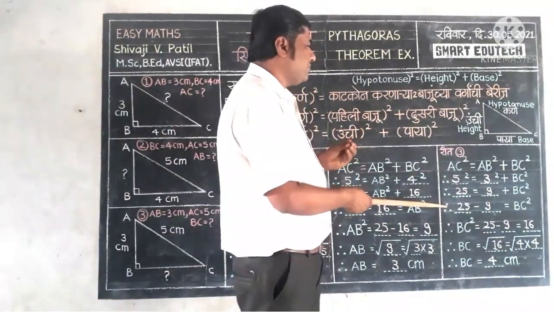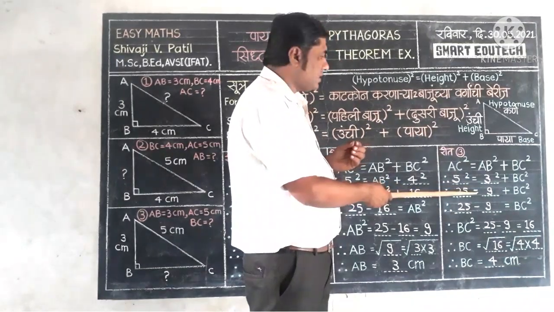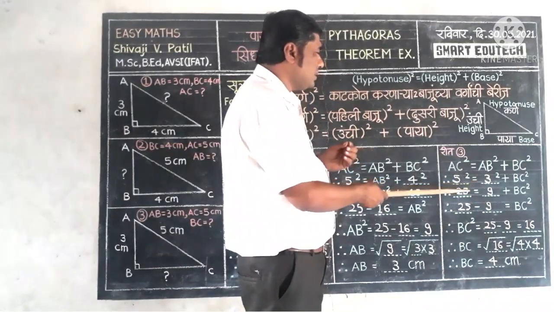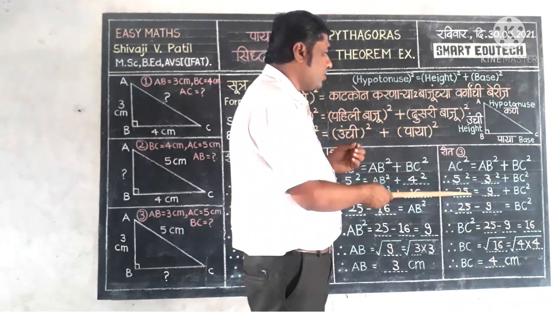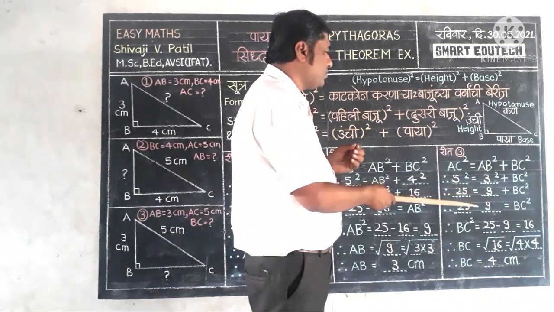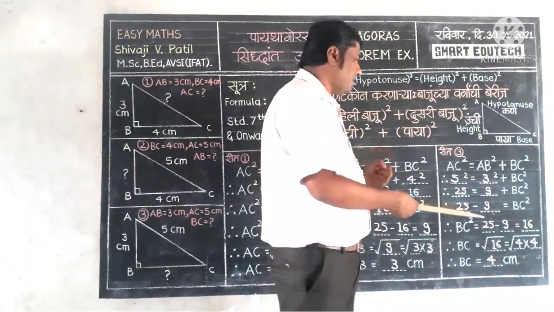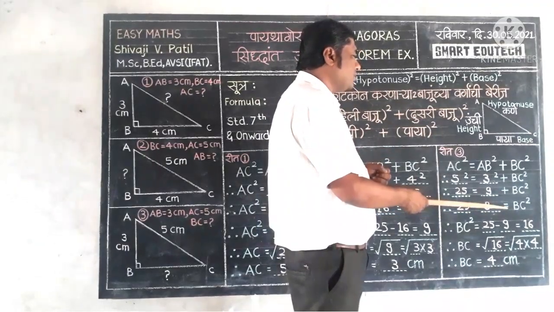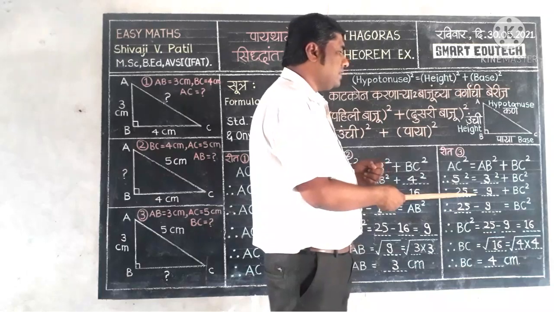Now, again look carefully. This plus 9 which is on the right side of the equal mark, you have to take it on the left side of the equal sign. And also you have to change its plus sign to the minus sign. So, the next step will become 25 minus 9, that is equal to, remains here only BC square on the right side of the equal sign.